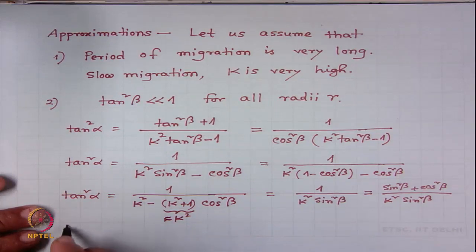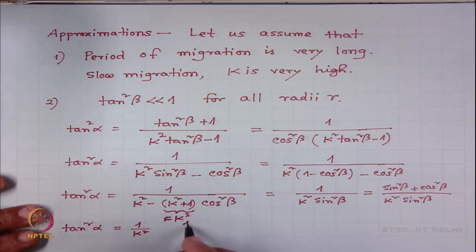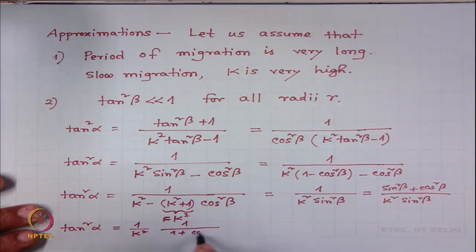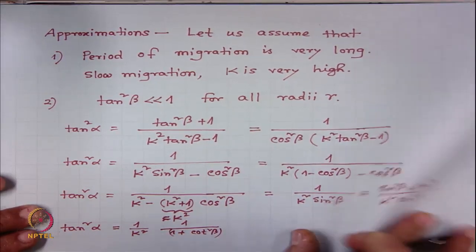Then you see tan square alpha is equal to 1 by k square, 1 by 1 plus cot square beta. Let us go to the next page.